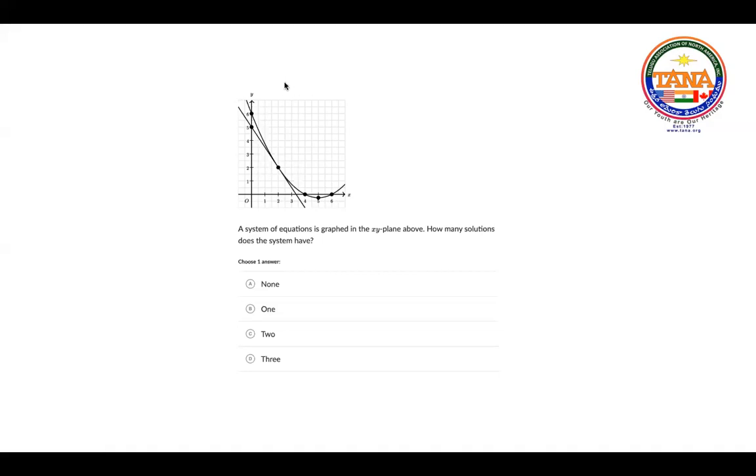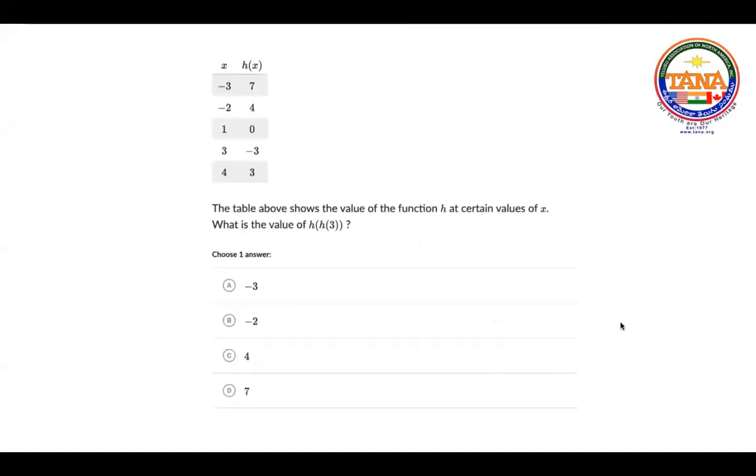So this one's pretty simple. The answer to this one would be B, because again, this line and this line only intersect in one point, which is this. And therefore, there's only one solution to this equation. Anyone have any questions about that? No? All right. Next question. I'll give you guys a minute to do this one.